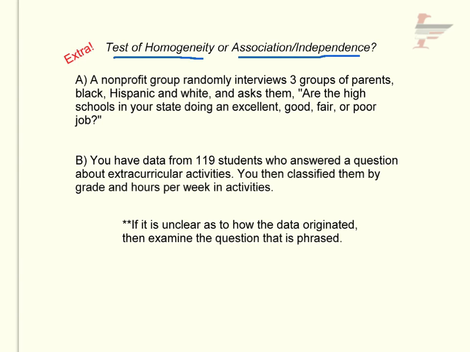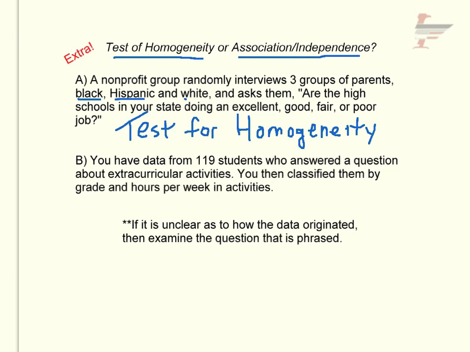If you guessed test for homogeneity for this one right here, you are correct. And the reason is because we're dealing with two or more populations. We're dealing with three different ethnic groups of parents. This one would be the test for independence.